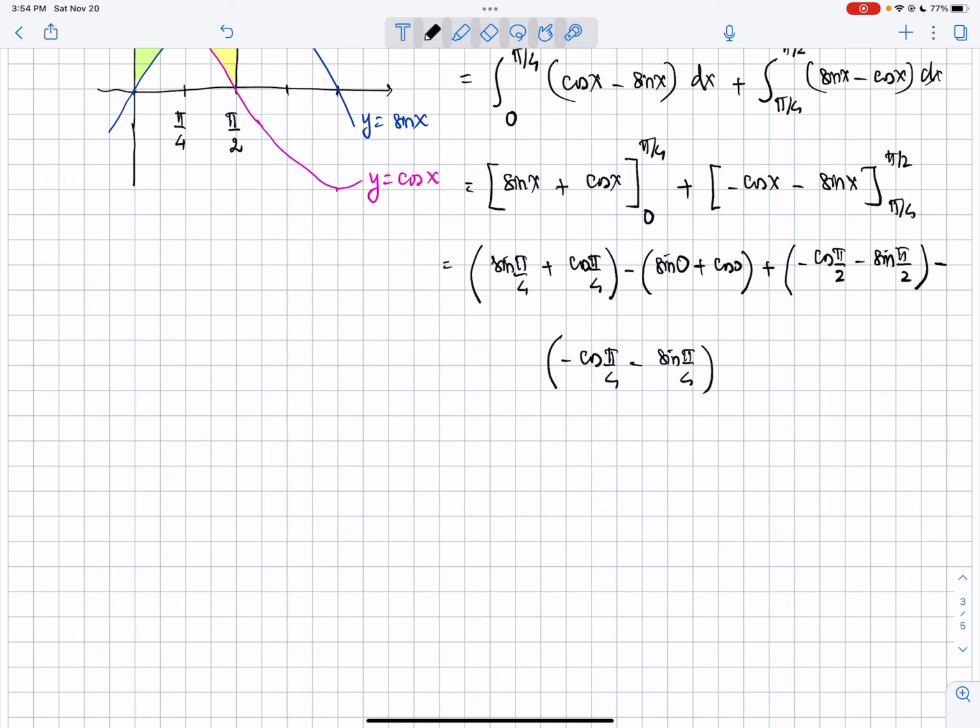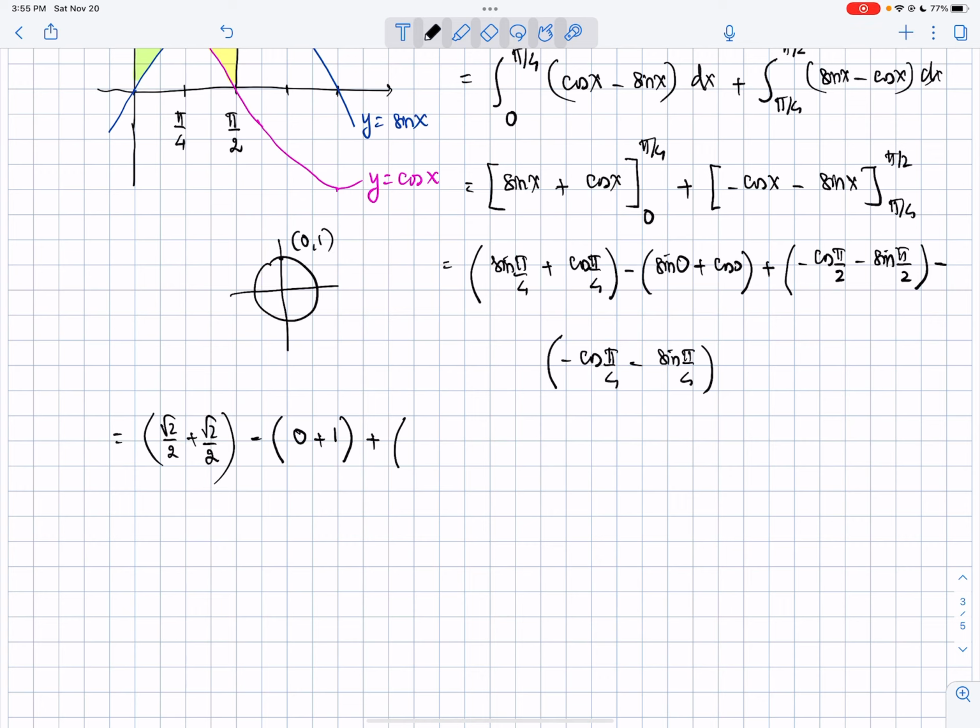Okay, so sine of pi over 4 is square root of 2 over 2, and same thing for cosine. Minus sine of 0 is 0, cosine of 0 is 1, plus at pi over 2, cosine is 0 and sine is 1.